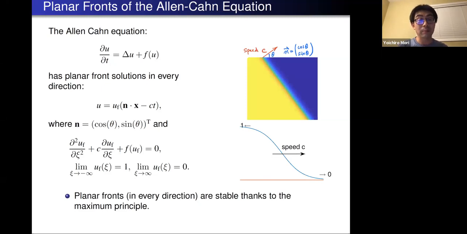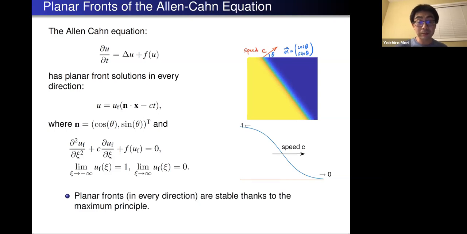We know that there are planar fronts in every propagating direction, where n is the direction of propagation, and the front solution U_F satisfies this ordinary differential equation, with limiting values of 1 and 0 at minus infinity and plus infinity.